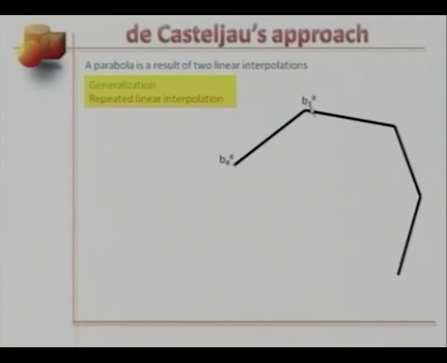This point B sub 1, super 0, B sub 2, 0, B sub 3, 0, and B sub 4, 0 for this example. The subscript here represents the index of these endpoints, and the superscript represents the stage of linear interpolation.